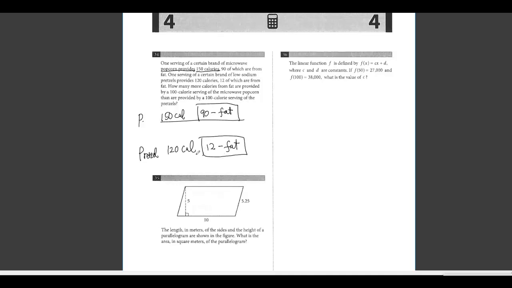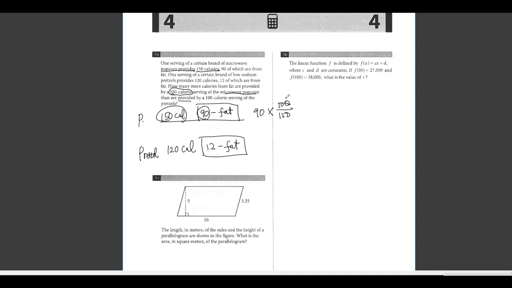What is the question? How many more calories from fat are provided? We choose 100 calories, right? Each serving 100 calories. Okay, that's correct. Popcorn and pretzels, both 100 calories. Because out of 150 we have 90. Out of 100 calories, how much? 90 times 100 over 150, right? So out of this 100 calories, that's a fraction, isn't it?